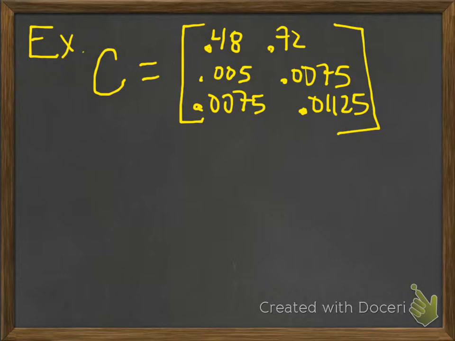Looking at that example, the first question I would ask is, what are the dimensions of that matrix? How many rows, how many columns does that matrix have? 3 by 2. Okay, it's a 3 by 2. 3 rows, 2 columns. Pretty easy.